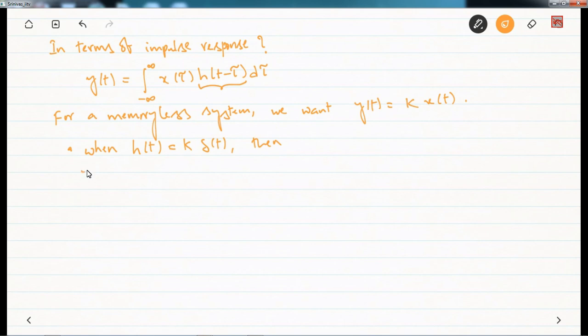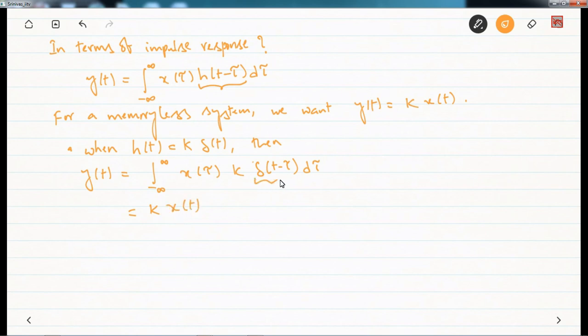then y of t is the integral from minus infinity to plus infinity of x of tau k into h of t minus tau d tau. Sorry, instead of h of t minus tau, I should write here delta of t minus tau d tau. So that is equivalent to k into x of t.